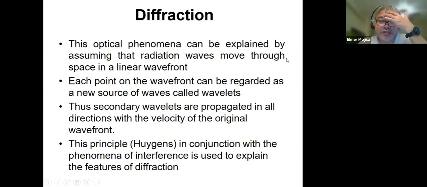So this optical phenomenon of diffraction can be explained by assuming that the radiation wave moves through space in a linear wavefront. And each point on the wavefront can be regarded as a new source of waves called wavelets. Now, these secondary wavelets propagate in all directions with the velocity of the original wavefront.